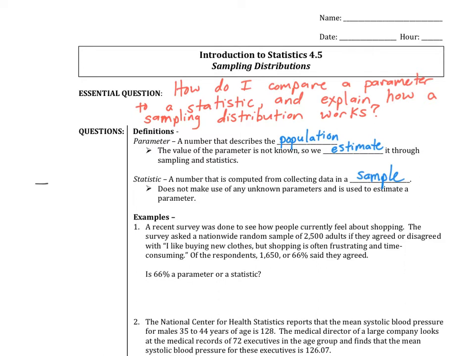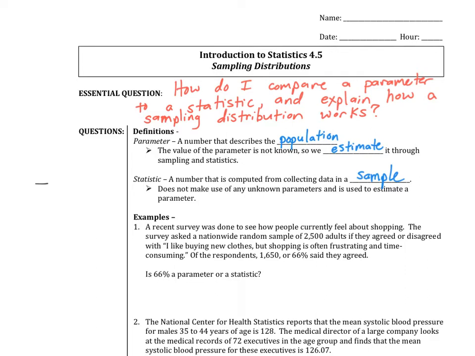So for example, we can't find the height of every 10-year-old, but what we could do is go to Gunderson Hospital in La Crosse and ask them for information on the heights of all the 10-year-olds that come to their pediatricians. Okay, which you probably get a few hundred 10-year-olds.